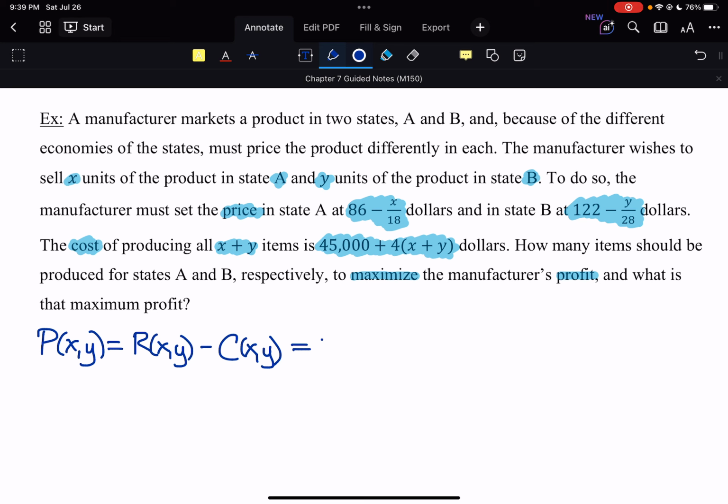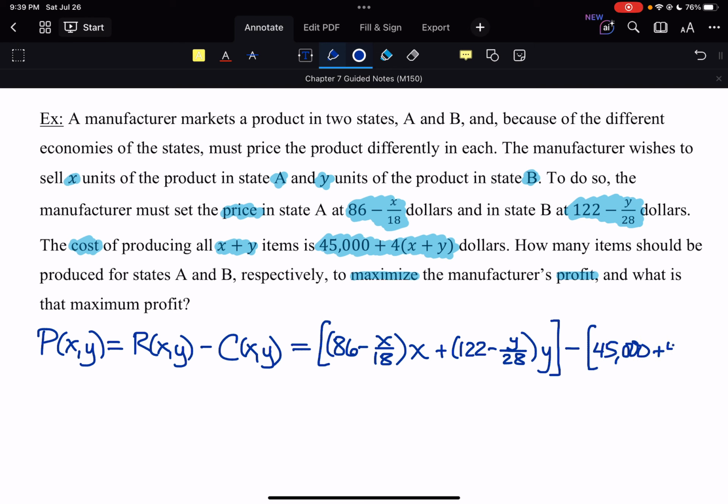We know the price for state A is going to be 86 minus X over 18 times the quantity sold, X, plus the price for state B, 122 minus Y over 28 times the quantity sold, Y, minus cost, which they gave us the formula for. So minus 45,000 plus 4 times X plus Y.